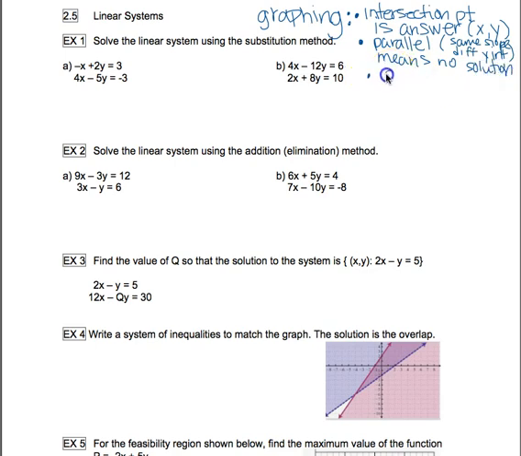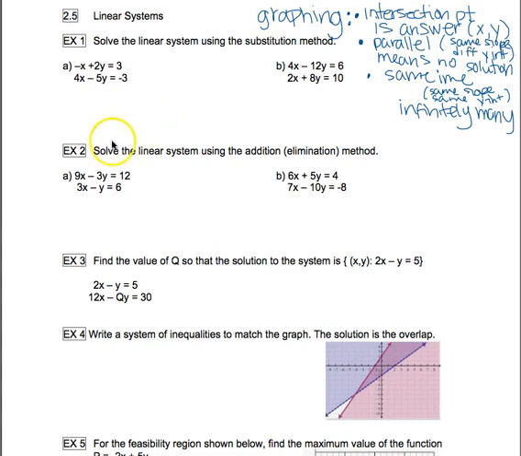And when your graph is of the same line, which happens with same slope, same y-intercept, that's when you have infinitely many solutions. So that's a brief review of that part for you. Again, we're just not going to do actual graphing on this.